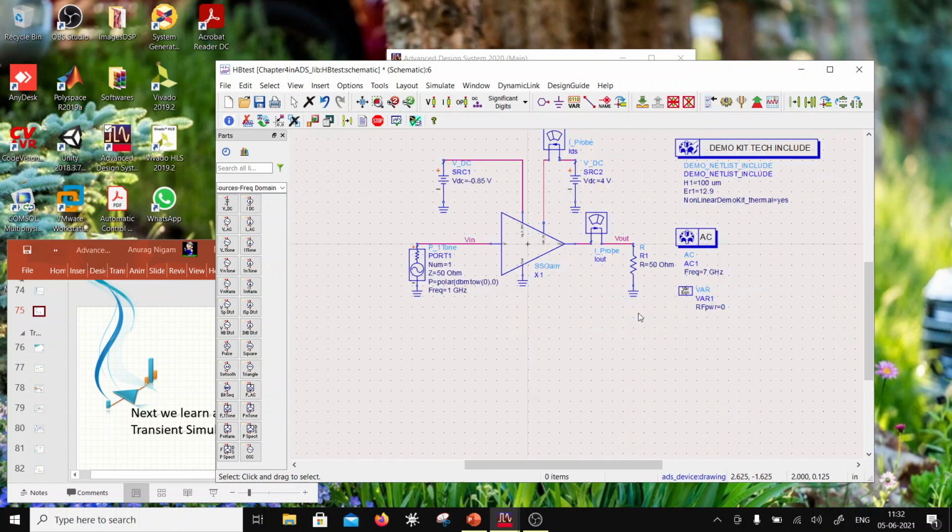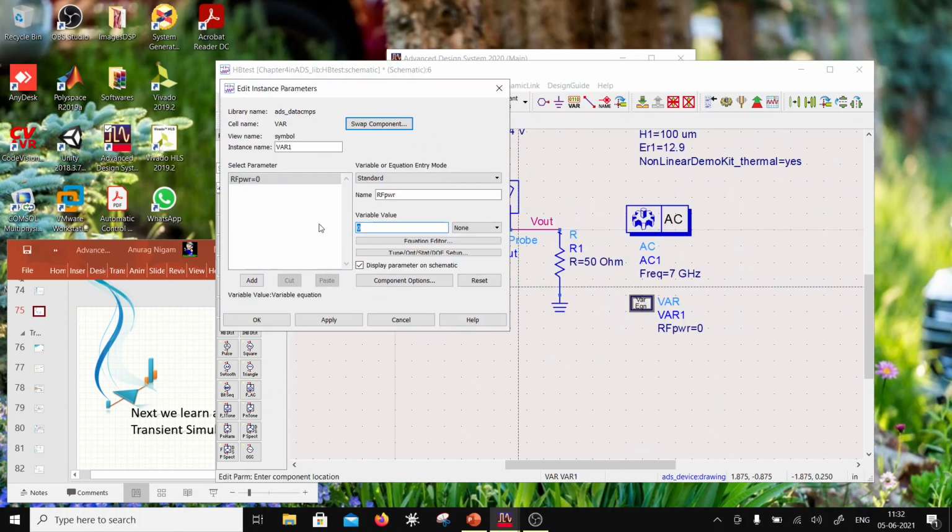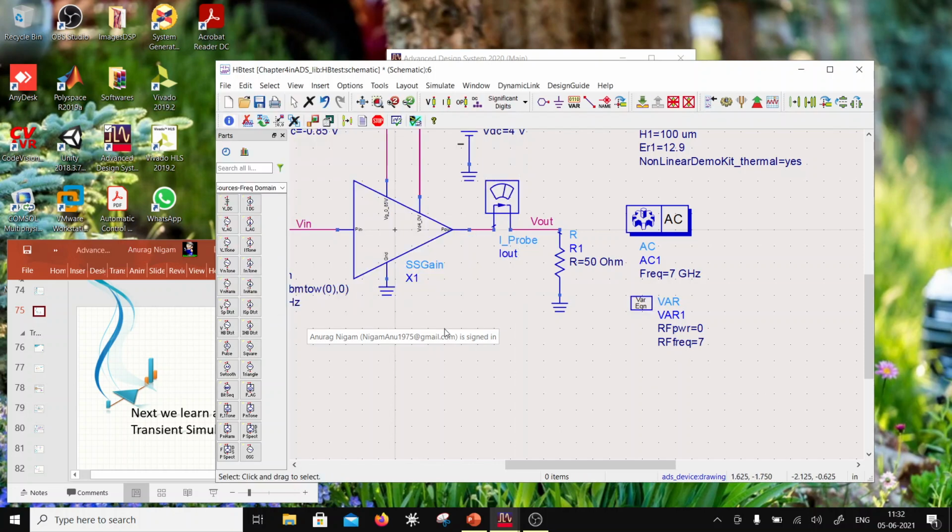So I can put in another variable here. I'll call it RF frequency. Say add, and I'll give it a default value, let's say 7. If I want, I can put gigahertz here itself, right? Or I'll leave it, doesn't matter. Okay, so this is a pure number, mind it, right?